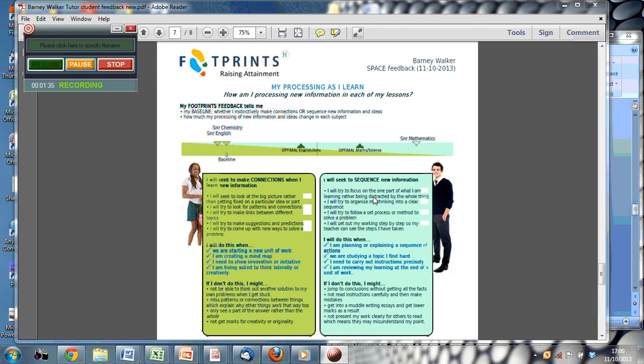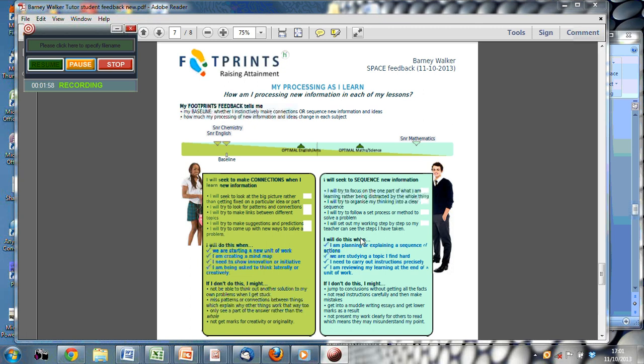At the other end of the polarity we have the ability to sequence new information. Sequencing means putting things in the right order, linking them together, organizing our thinking into a clear sequence, being able to follow a set process or method to solve a problem, and working things out and showing workings in a step-by-step way so that our working is clear and logical and other people, like our teachers, can see the steps we've taken.